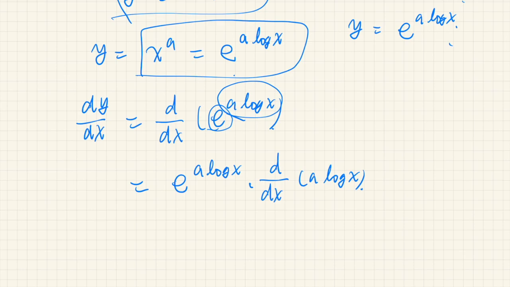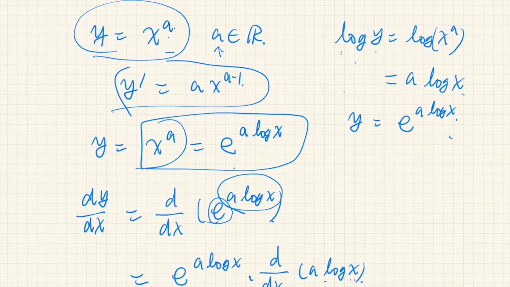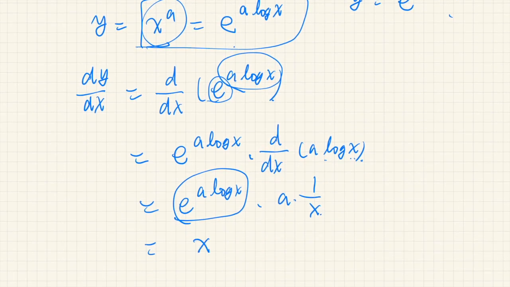So this is just the chain rule, and the derivative of a log of x is a times 1 over x. Okay, and this one is this, right? So we have x to the power of a times a divided by x. So that is a times x to the power of a minus 1. So that's what it is.